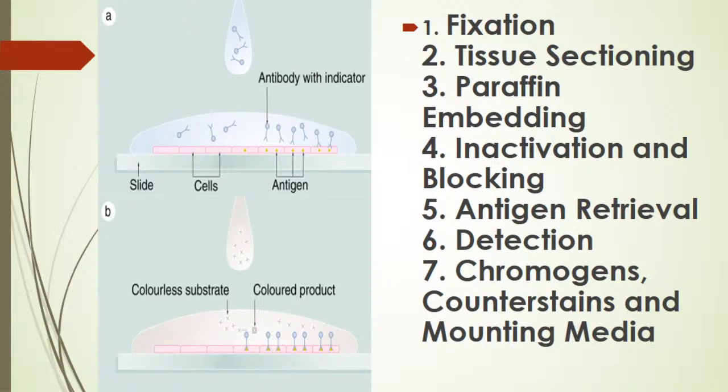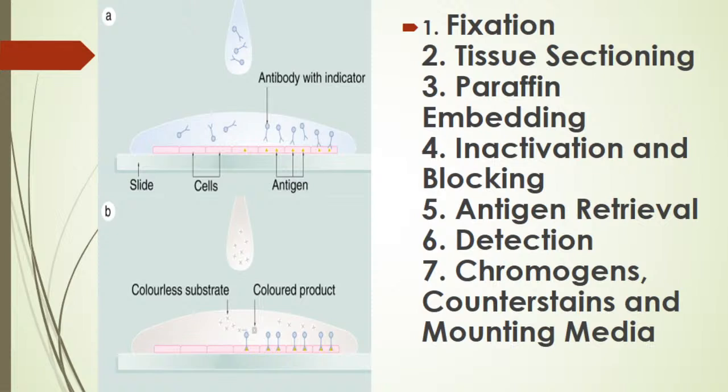Also, we have two methods, the direct and indirect methods. Antibody, we add it into the tissue with antigens. And the indicator is the reaction between the antibody, like immunoglobulins, which joins with the antigen like a key and keyhole.